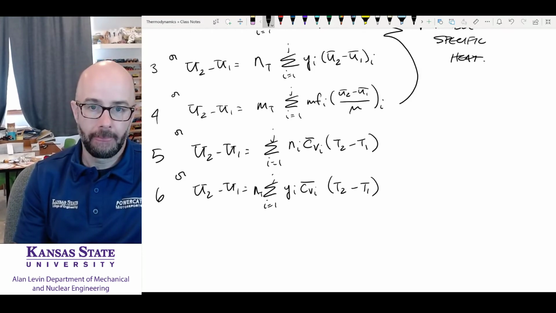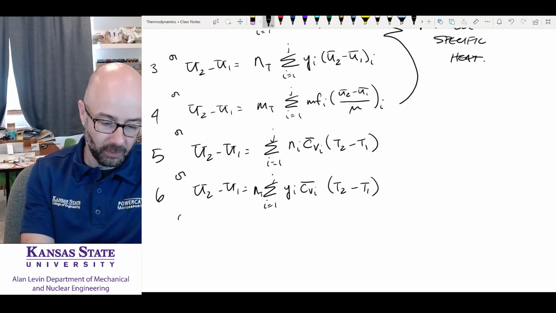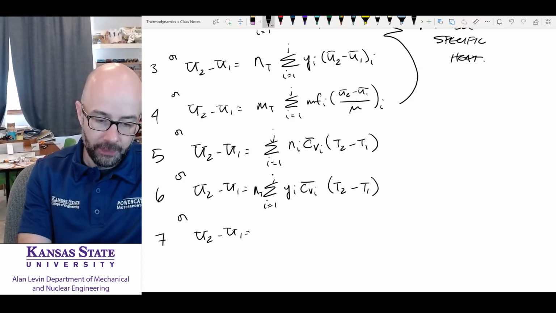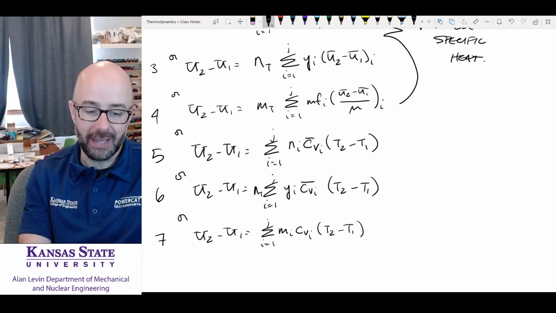Okay. Or way 7 is we could say U2 minus U1 is equal to the summation from i equals 1 to J of the mass of each component times the C sub V of each component times T2 minus T1. Now we're doing things on a mass basis.